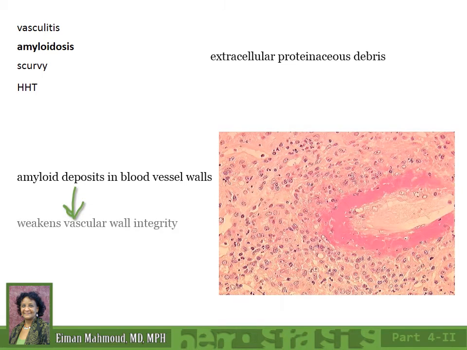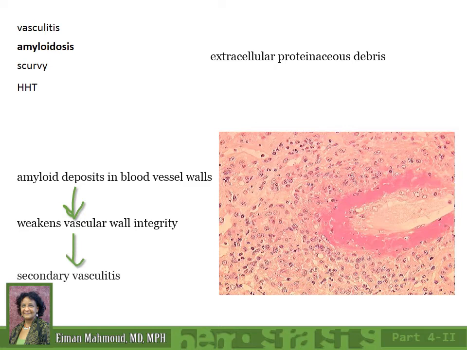So what happens is that when they deposit around the blood vessel, they tend to initiate an immunological reaction, and that is by activating the complement and bringing antibodies on board, and that will activate the cascade of the complement as well as bring on board the inflammatory cells, and as a result an inflammatory reaction will occur and damage the wall of the blood vessels, the endothelial cells.